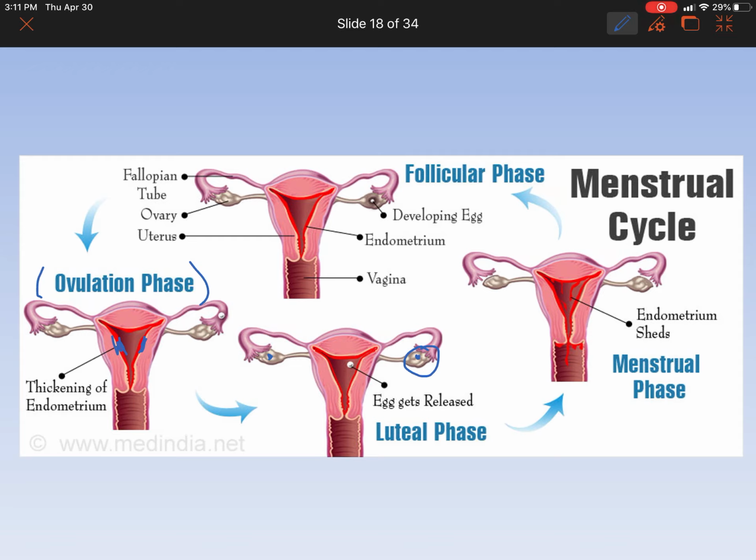Anyway, the egg gets released, travels through the fallopian tube to the uterus. At this point, it does not implant because it has not been fertilized. So what ends up happening is the endometrium sheds. All of the lining here sheds out. And then we go back to the follicle phase here, and this is your developing egg, and we start the process all over again.